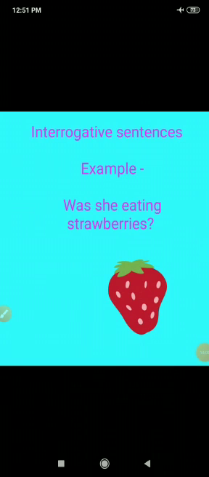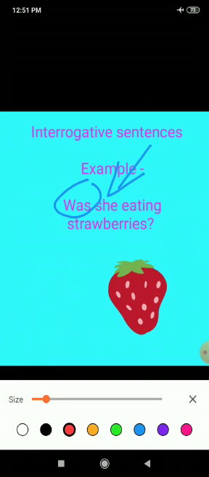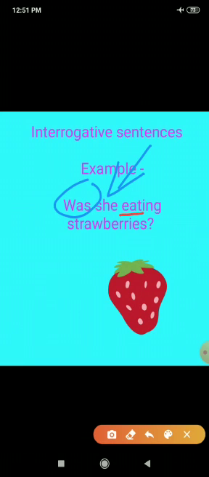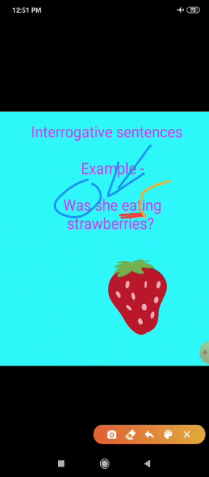The formula for asking a question in the past continuous tense is was or were plus subject plus root form of the verb, in this case it is eat, plus ending ing.